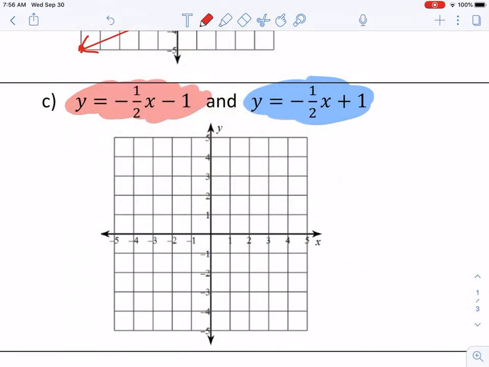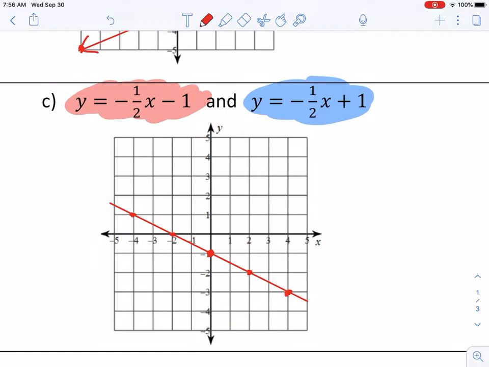So we begin at -1, and we count down 1, right 2, down 1, right 2. You can also go up 1, left 2. You can do the exact opposite. And create my line.